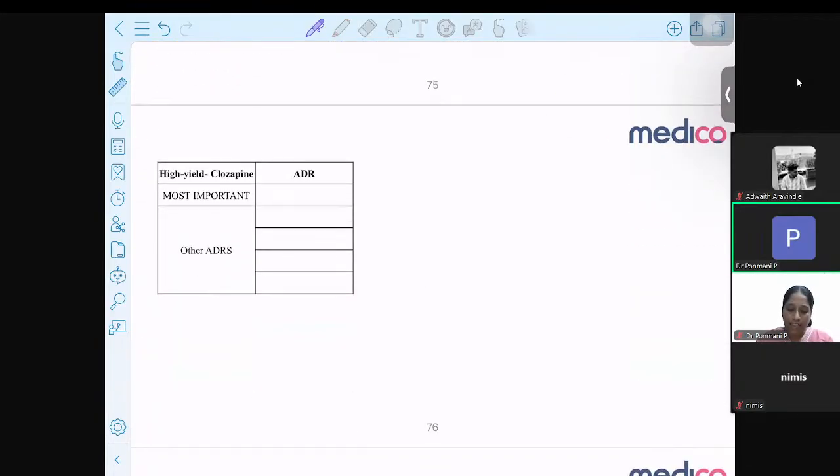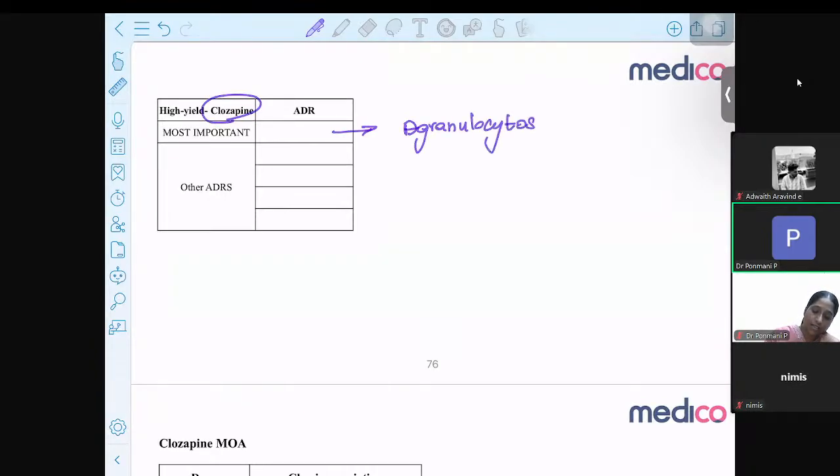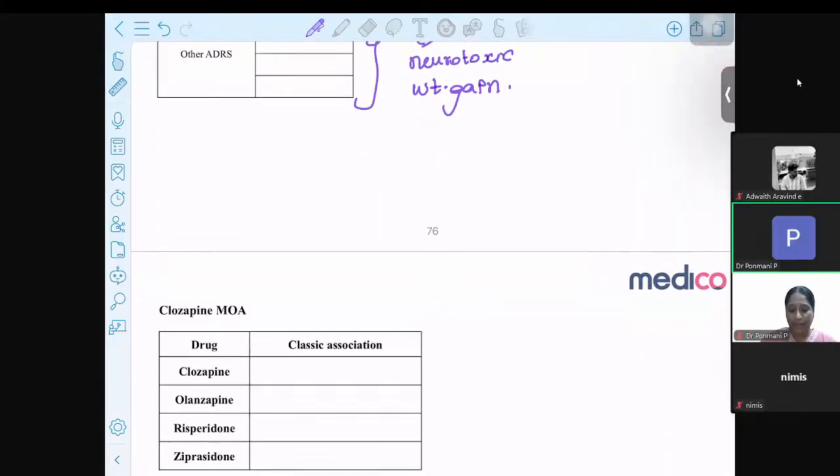Now, what are the other adverse effects associated with clozapine? I said clozapine can cause agranulocytosis. In addition to that, it can be cardiotoxic also. It can be neurotoxic also. And it can also cause weight gain. So these are the other adverse effects seen with clozapine.